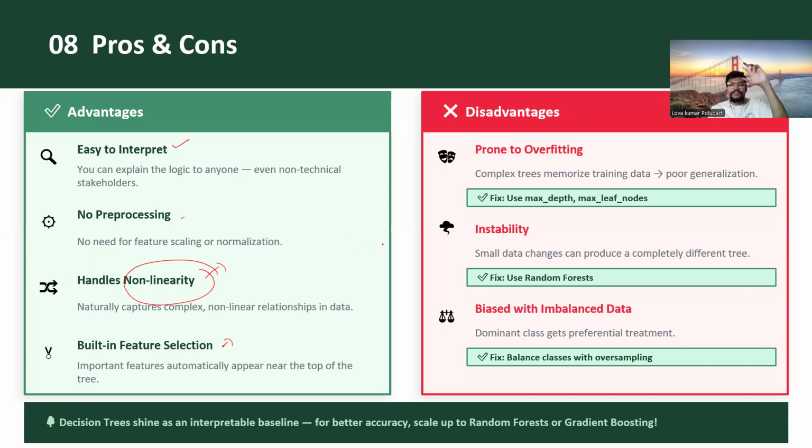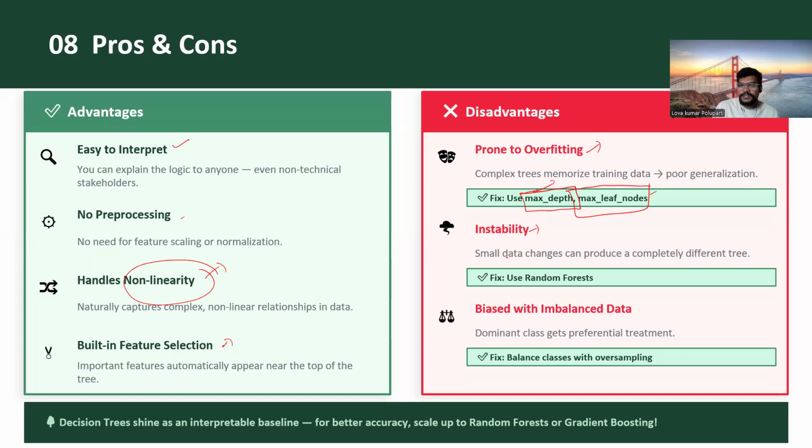The main disadvantage of this model is that it is mostly prone to overfitting. That's one of the major problems with this. Now how can we reduce this? We can fix this by using maximum depth. We are not using this parameter, but we used maximum leaf nodes. So you can use these things. There is also instability sometimes.